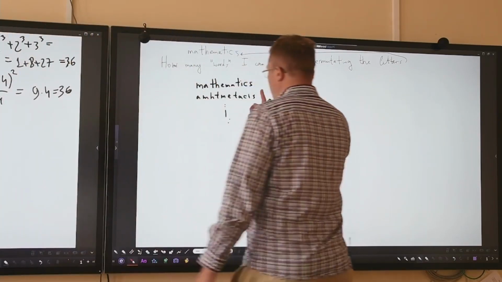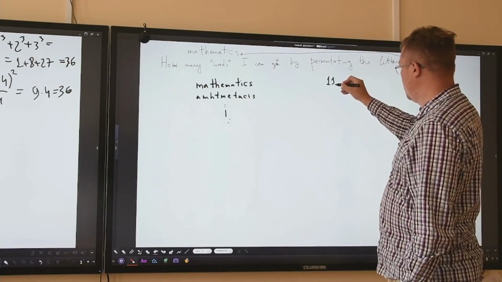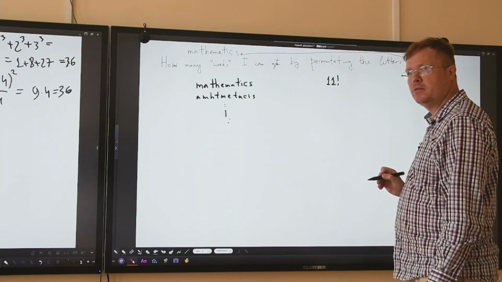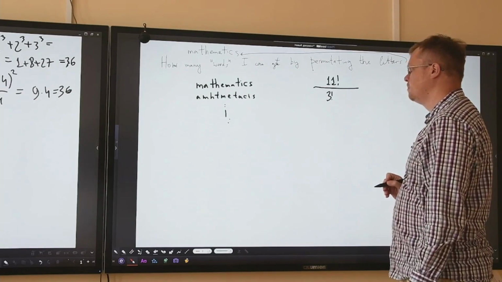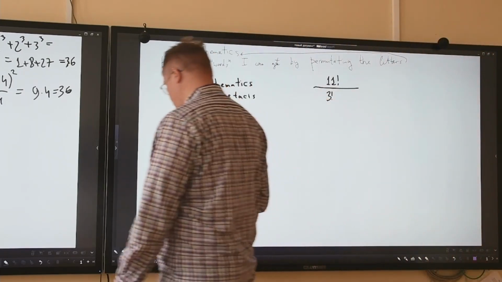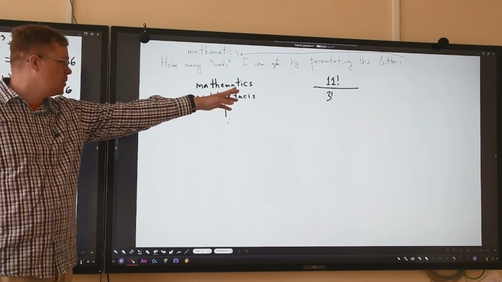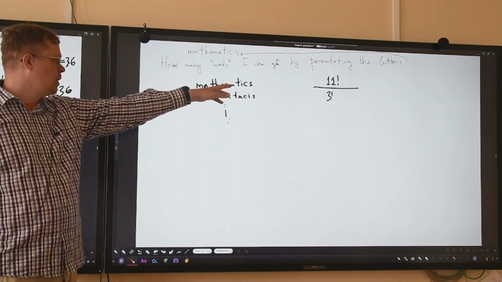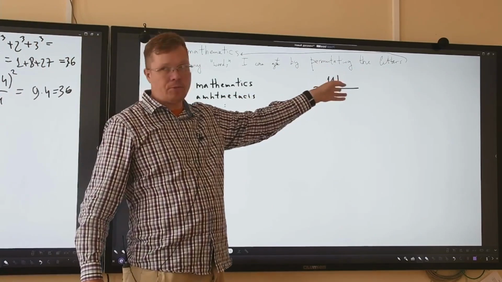So all possible permutations will be 11 factorial, just for A, M, T, there are two of each. So if all elements were distinct, then we would have 11 factorial as all kinds of permutations.